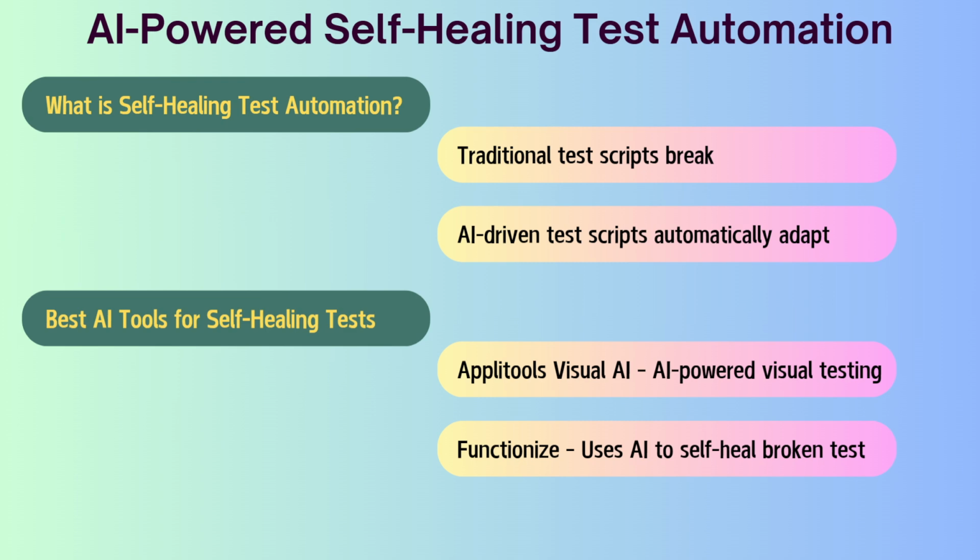AI-powered self-healing test automation. How often have your automated test scripts failed due to minor UI changes? It's frustrating. AI can help solve this problem with self-healing tests. So what is self-healing test automation?